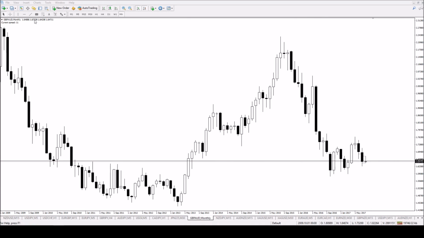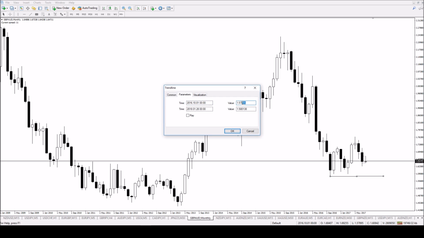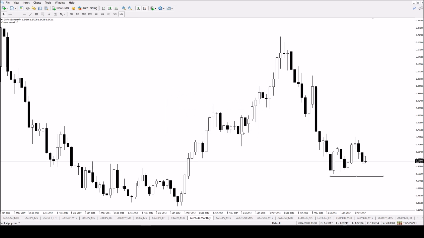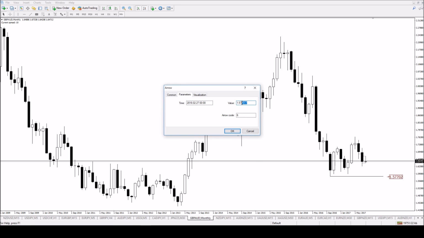If I mark this out, the low here is 157.895, call it 157.90. I think it's going to go lower, but I think this is where the stops are going to be. So this is another pair that's supporting that cable to be weaker than Aussie.